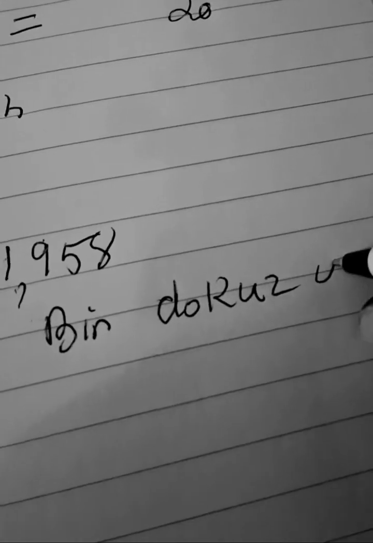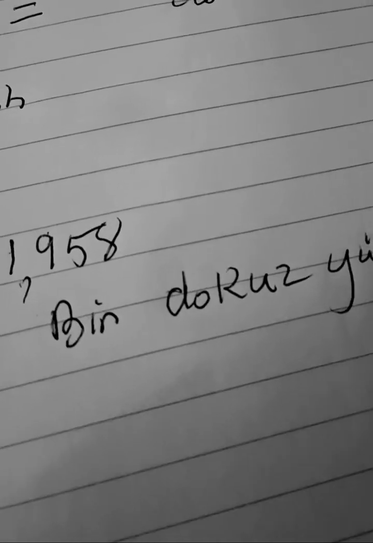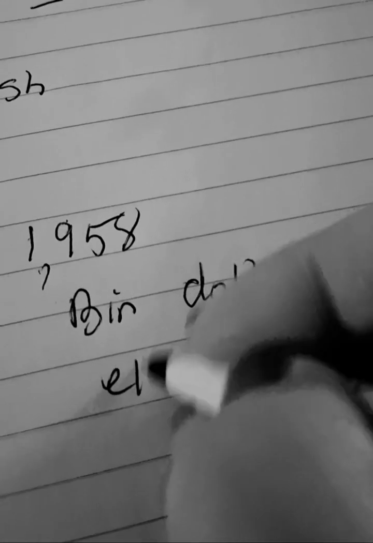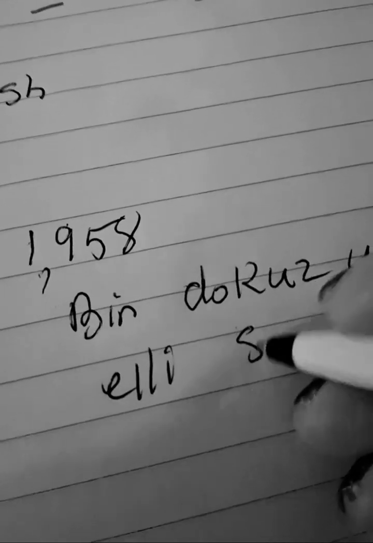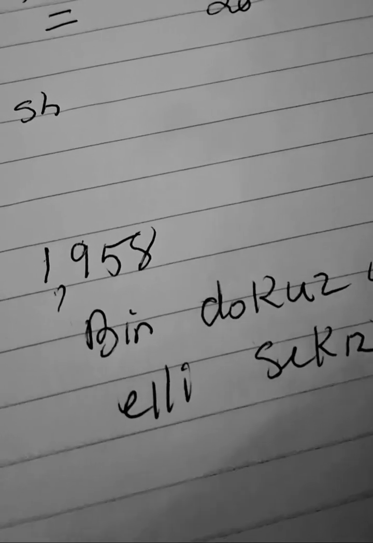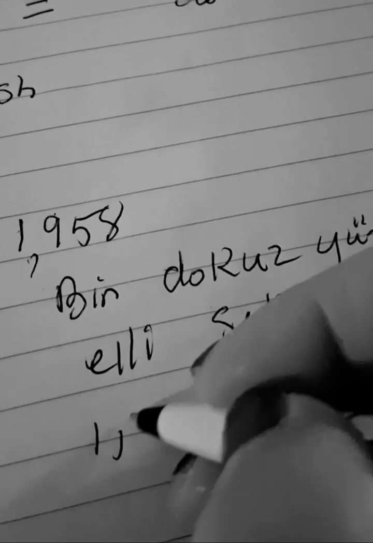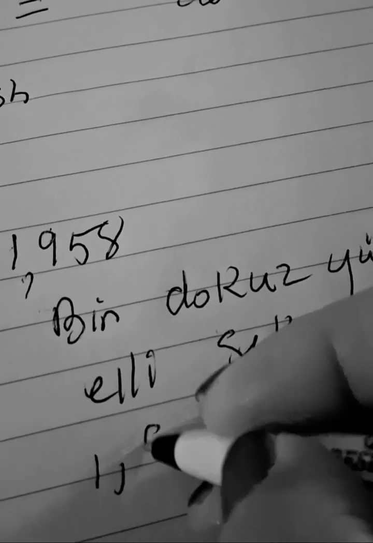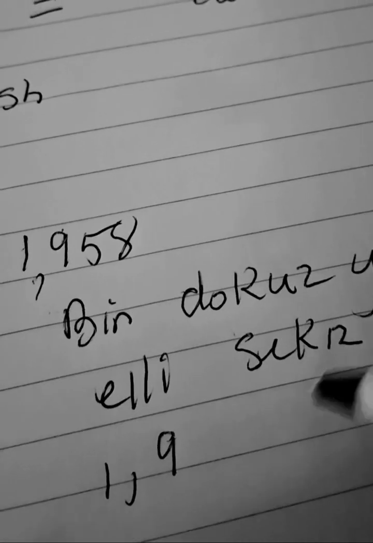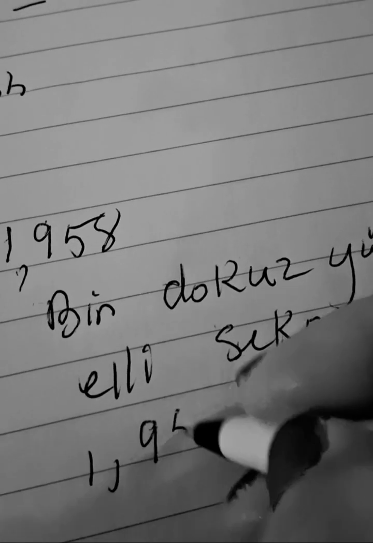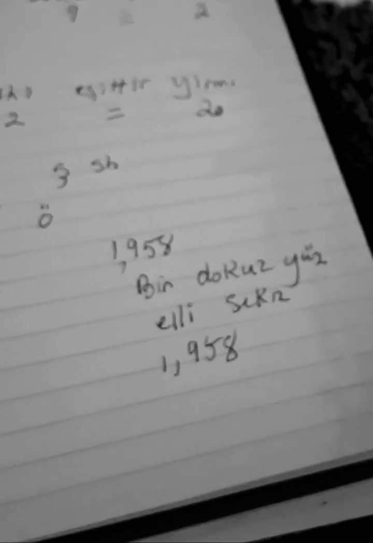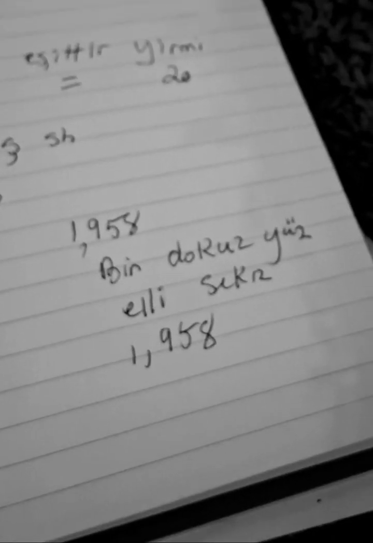Dokuz yüz, 900. Elli, 50. Sekiz, 8. Bin dokuz yüz elli sekiz, 1,958. And that's really all there is to it. It is quite straightforward and quite easy, and I hope you'll enjoy it.